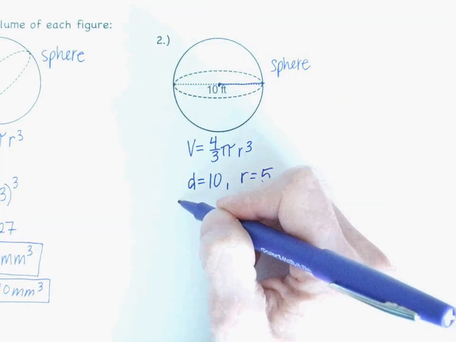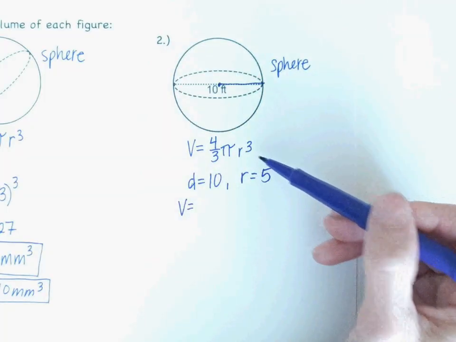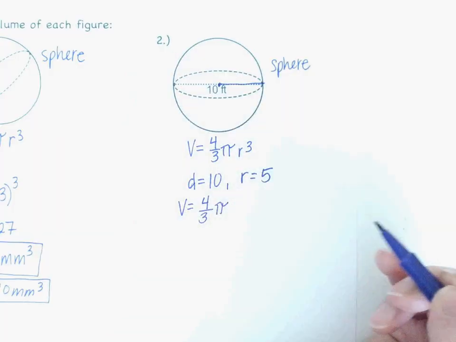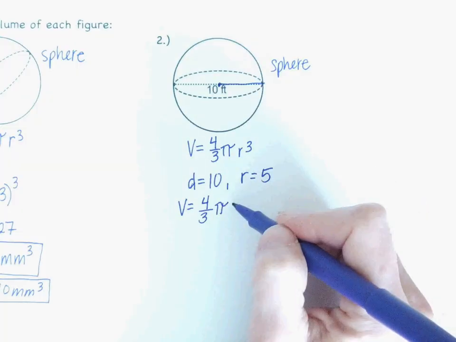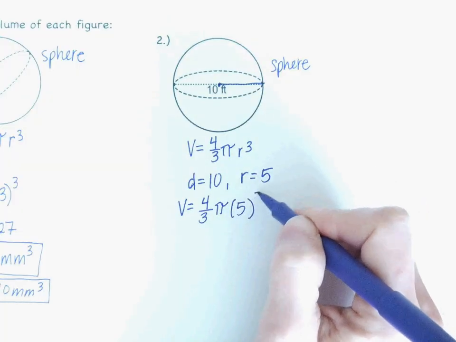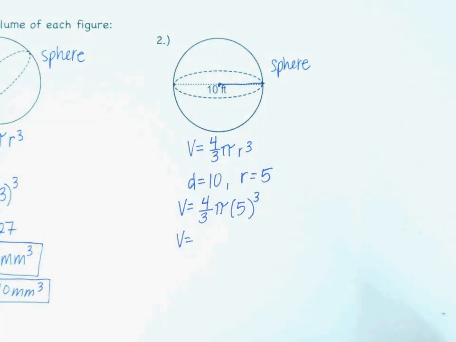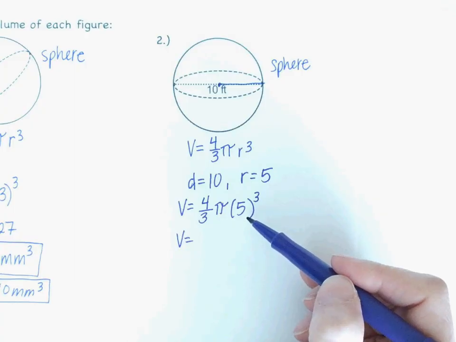Now my next step is going to make my substitutions into this formula. So 4/3 pi, and instead of writing r, instead of having my radius is now 5. So 5 to the power of 3. My next step is I'm going to recopy this, but I'm going to calculate 5 to the power of 3.